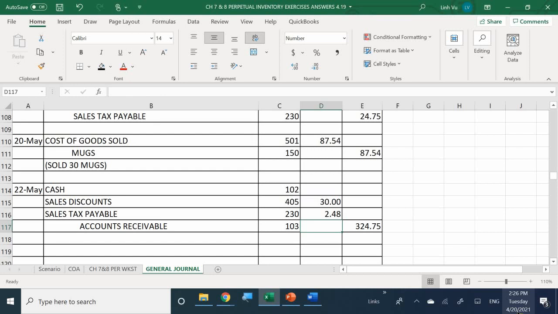The government mandates you to charge your customers that. So in this case, because I am discounting off of my selling price, I also have to give back the tax. Now in this case, he never paid me the tax. So I'm taking it out because I recorded that extra $2.48 as part of the tax I'm supposed to be collecting. But because I have a discount, my new amount is going to be $290 something, therefore the amount of tax being transferred over is going to be significantly less.